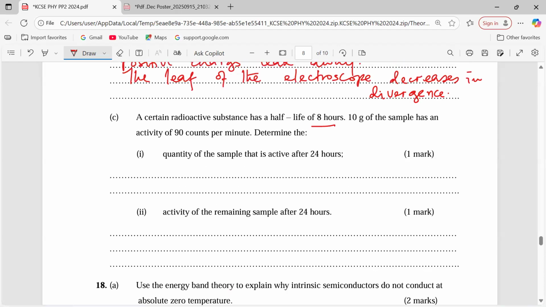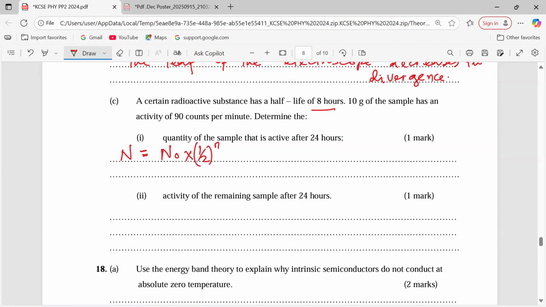We know very well that according to the decay equation, the remaining amount is given by the original amount times half, and half is raised to small n, which is the number of half-lives.